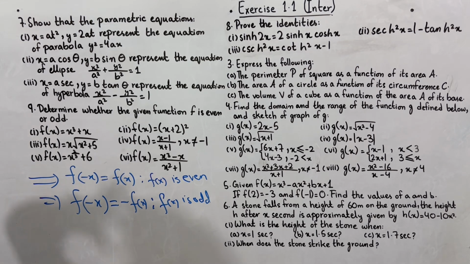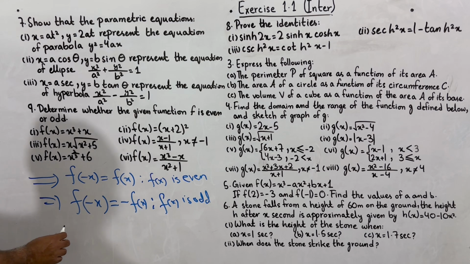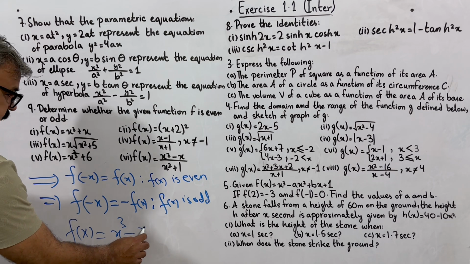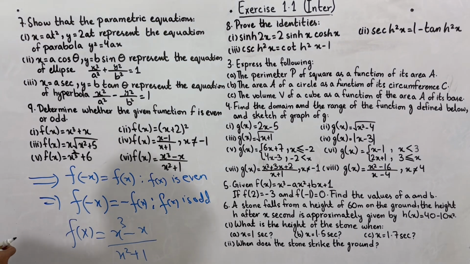Let me start from this one. As I have a dearth of space, f of x is equal to x cube minus x over x square plus 1. In order to check whether the given function is even or odd, just replace x by minus x.